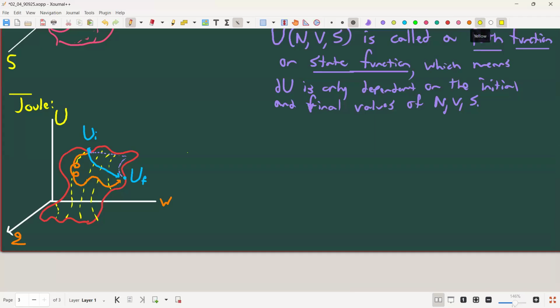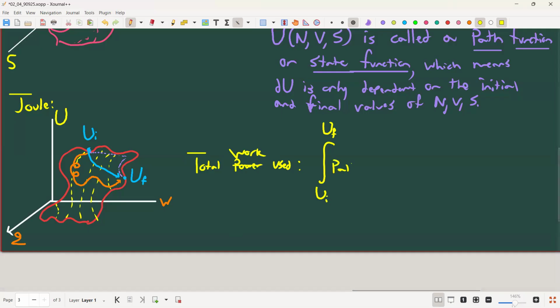And it turns out that the total energy, which would be the integral of this path, so the total power used, total work used, would be the integral from UI to UF of our path.